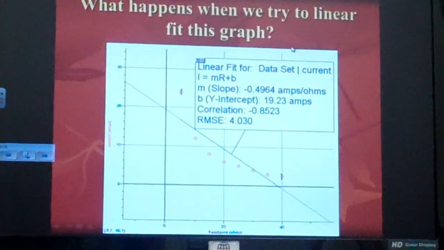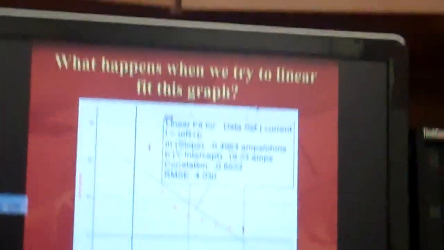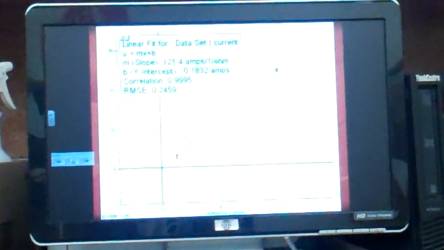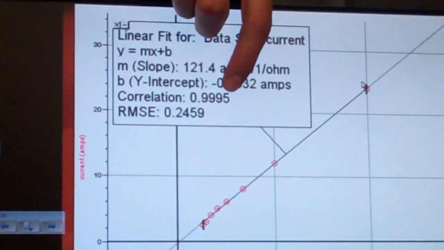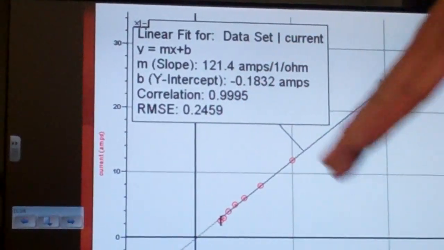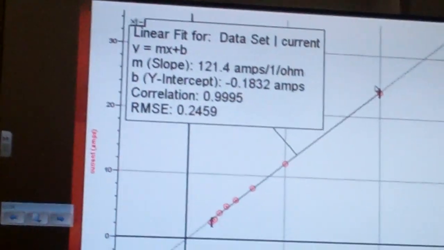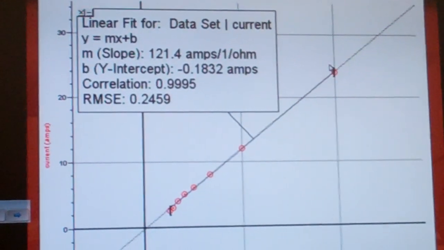That is not a great correlation, 0.85. Okay, now let me show you the other correlation. It's here, and there we go, 0.9995. That shows a much better correlation, statistically showing that this is a much better fit. And visually it lines up as well. So that's how you want to prove out the strength of your fit.